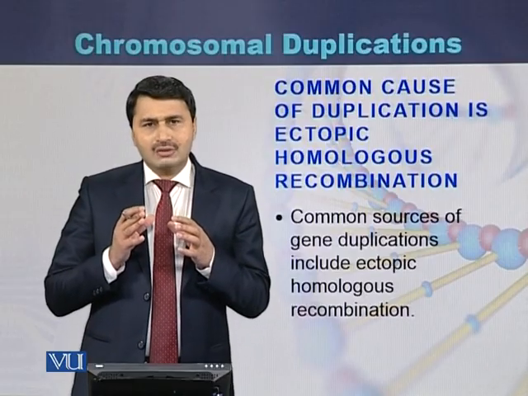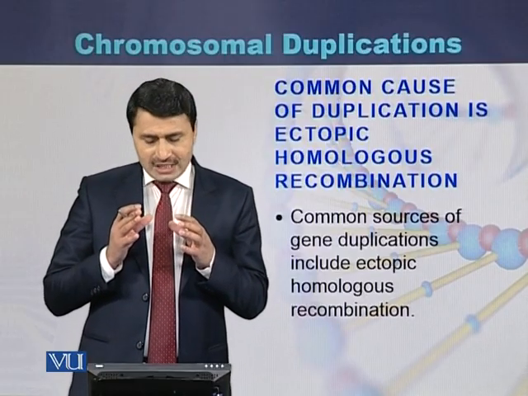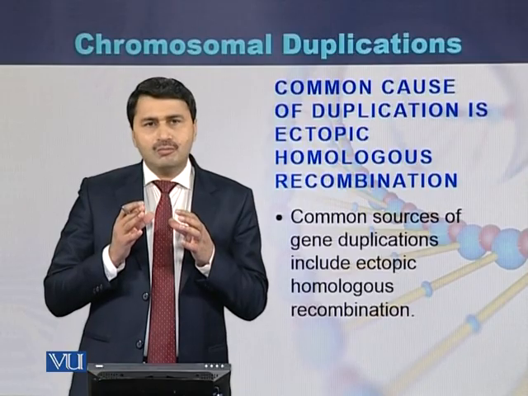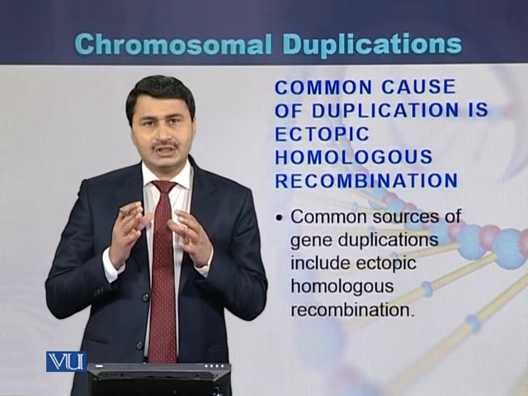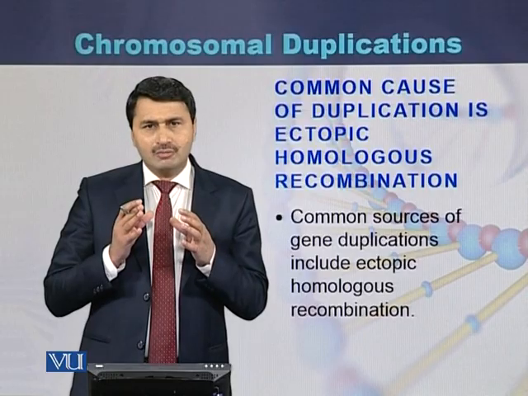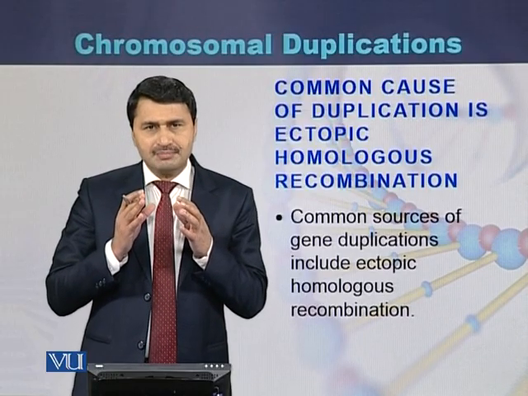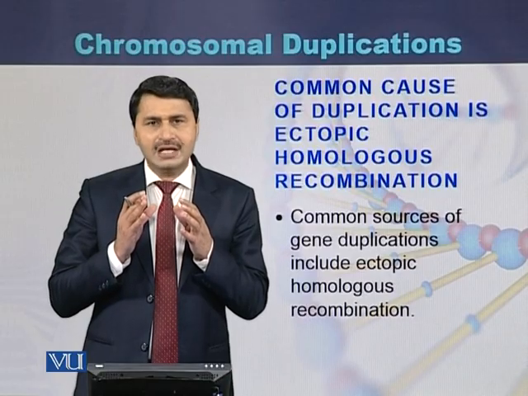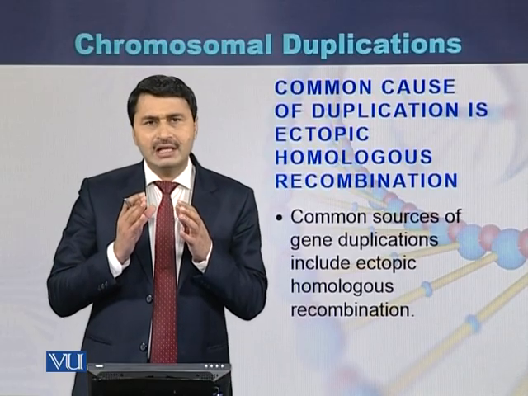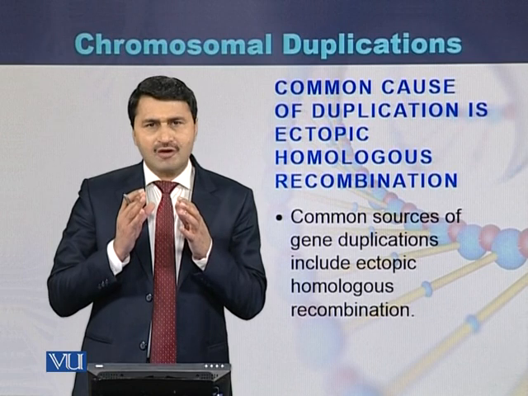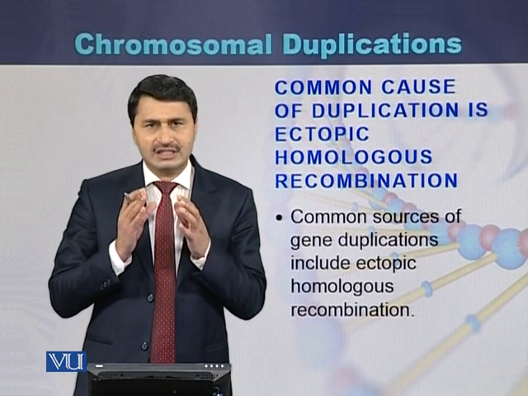But a common cause of DNA duplication is ectopic homologous recombination. Ectopic homologous recombination is a phenomenon that usually occurs between two misaligned chromosomes. We have seen that during the process of meiosis, homologous chromosomes align with each other.